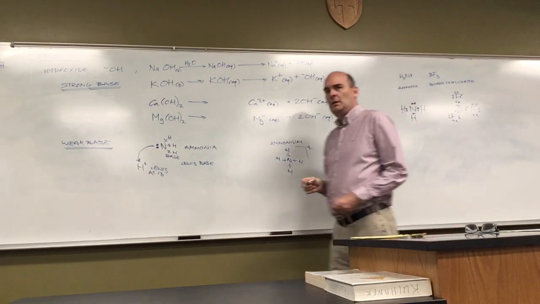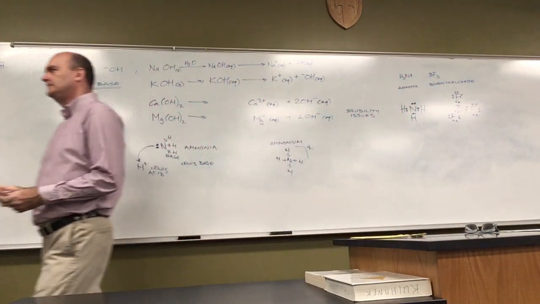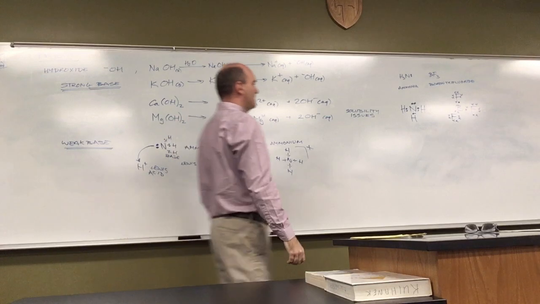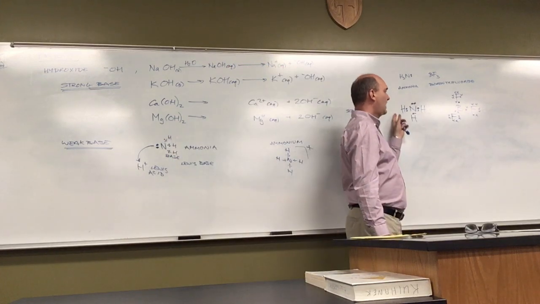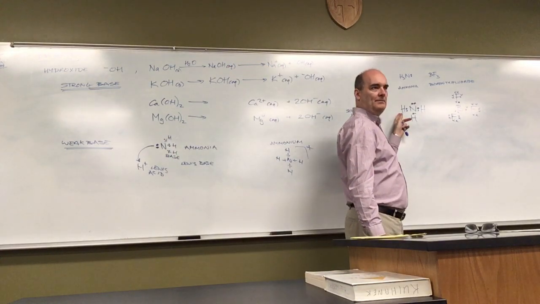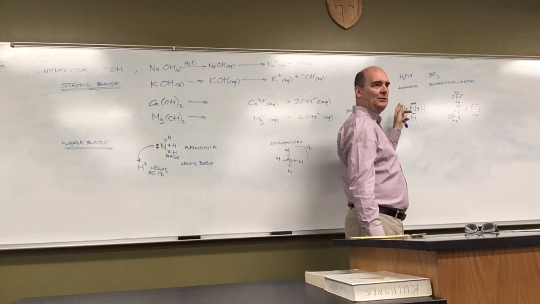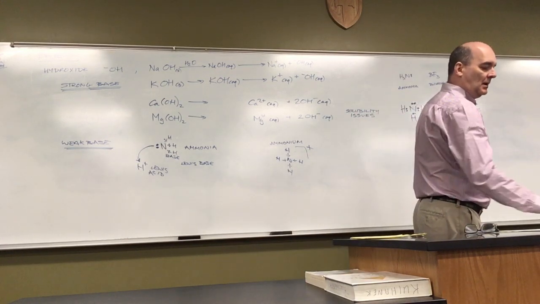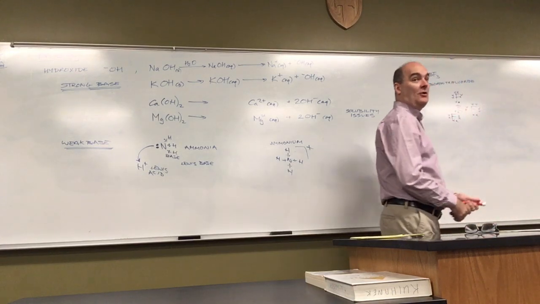There you go. So I've got ammonia and BF3. Now ammonia has satisfied its octet. It's obeying the octet rule, which means you need 8 electrons in the valency. But boron has not.